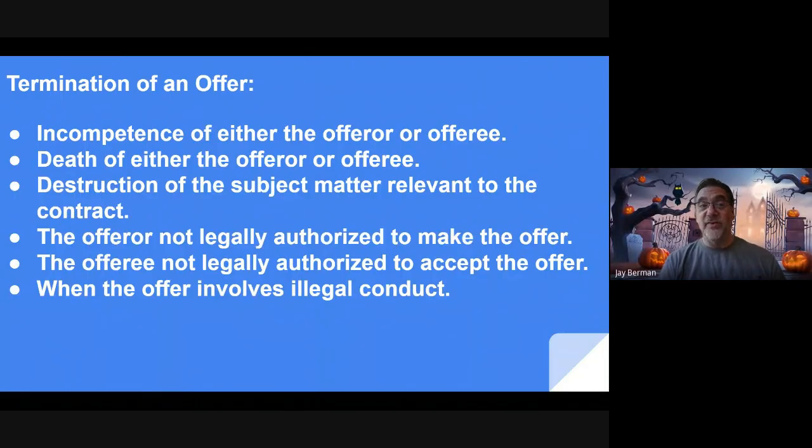The house burned down, then there is no contract because the house was destroyed by fire. The offerer is not legally authorized to make the offer. The offeree is not legally authorized to accept the offer. And when the offer involves any illegal conduct, no offer is actually accepted. It's actually terminated.